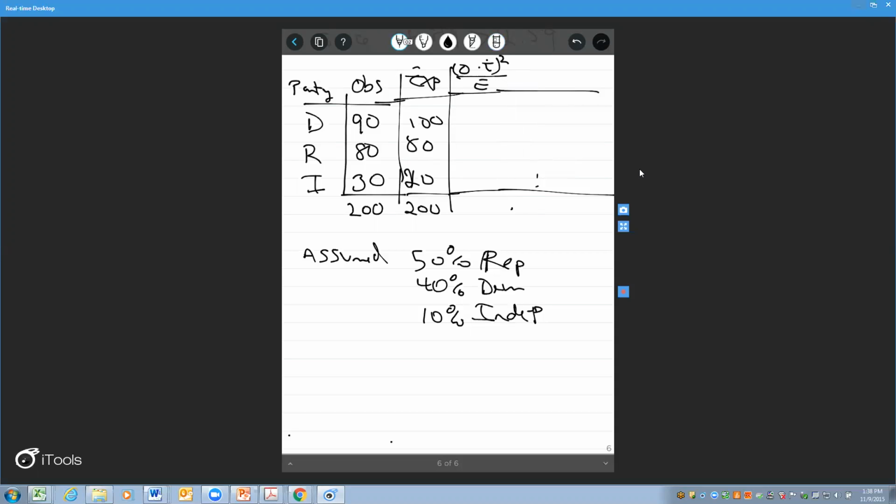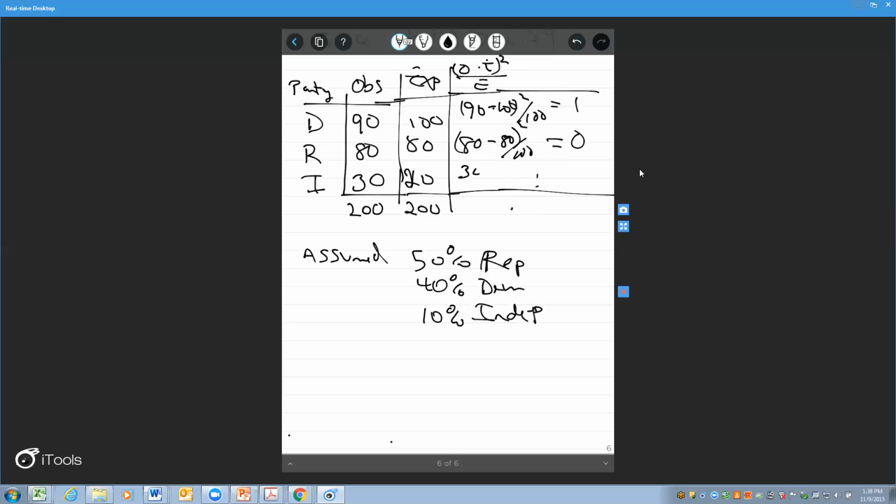So this is going to be 90 minus 100, squared over 100, which is going to be 1. 90 minus 100 is minus 10, squared is 100, divided by 100 is 1. 80 minus 80 squared over 80 is 0.